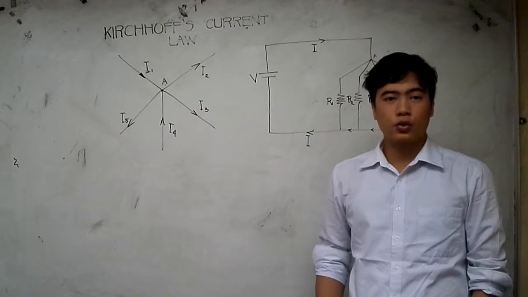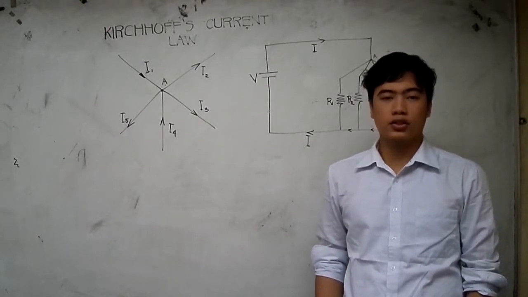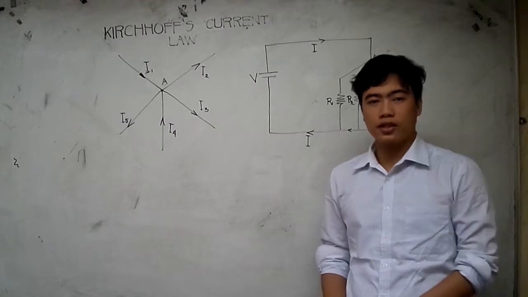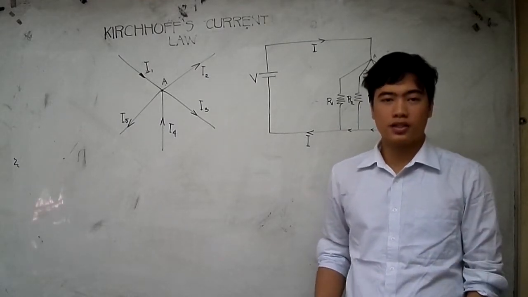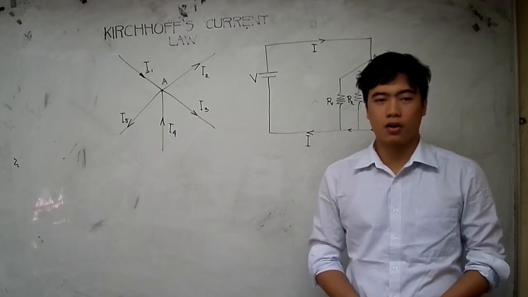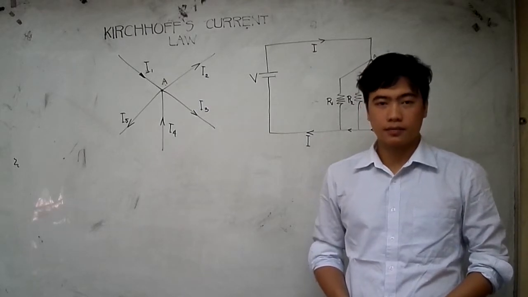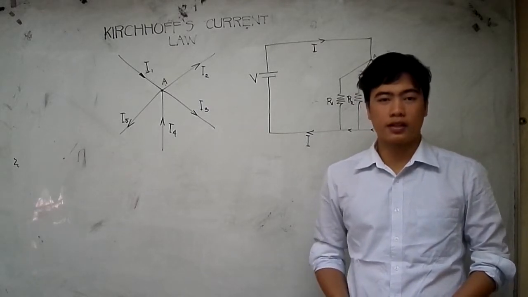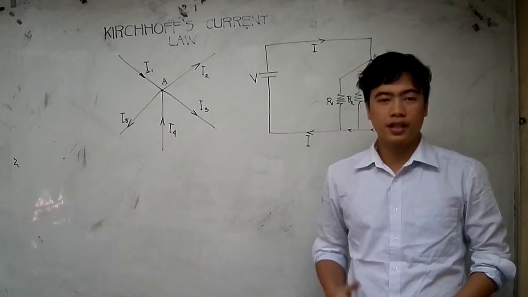So there are two laws which I stated a while ago. These laws are Kirchhoff's voltage law and Kirchhoff's current law. Let's begin our discussion with Kirchhoff's point law, or Kirchhoff's current law. This law states that in any electrical network, the algebraic sum of the currents meeting at a point or a junction is zero.